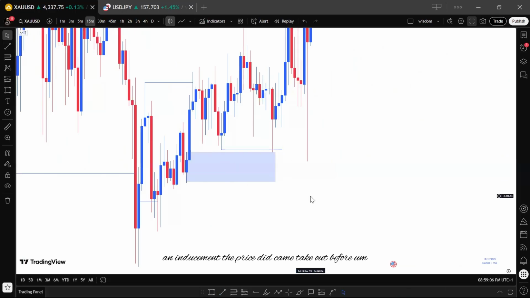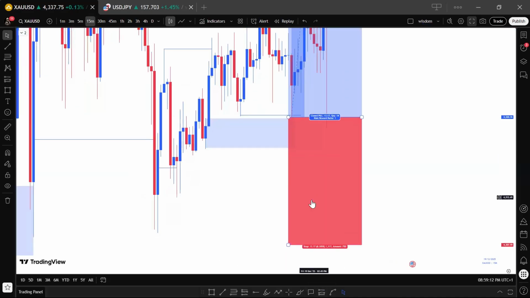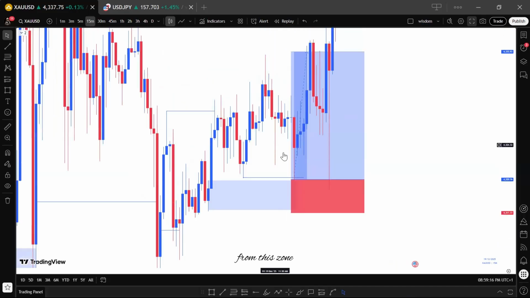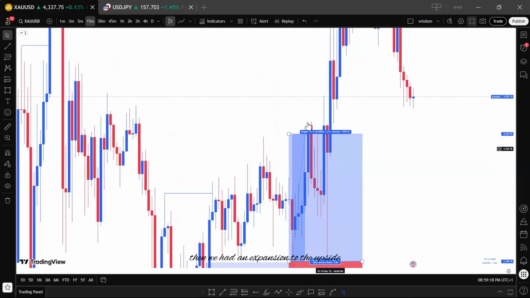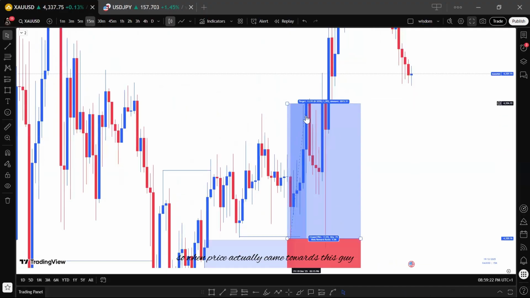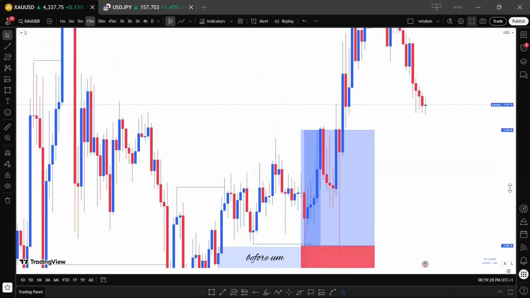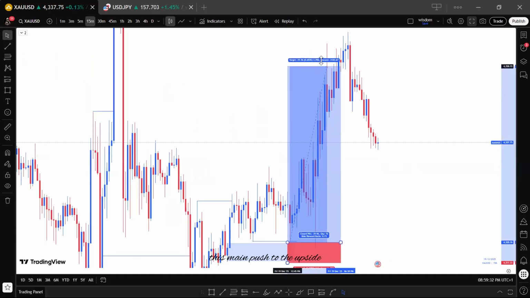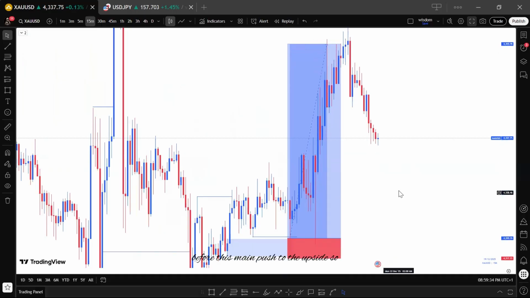The price did come take it out before the push to the upside. But my limit was not really triggered at first from this zone. Then we had an expansion to the upside. So when price came towards this guy, I deleted my limit. Then price came and retested this demand before this main push to the upside.